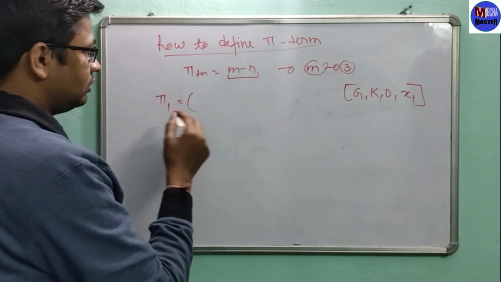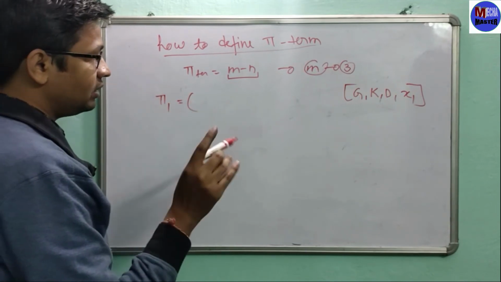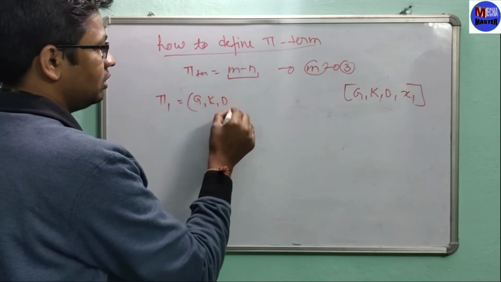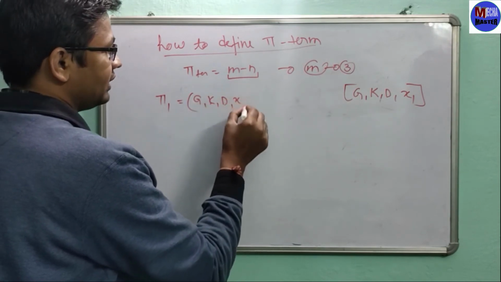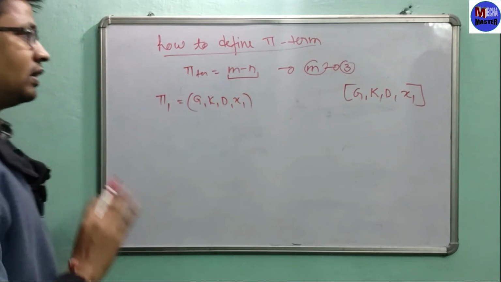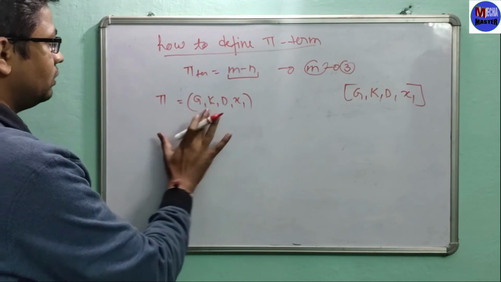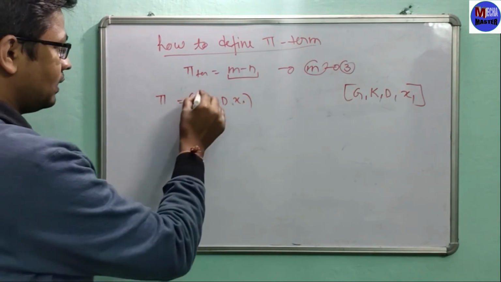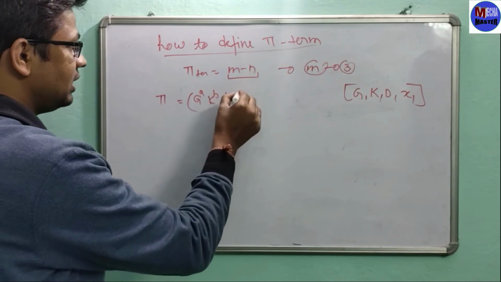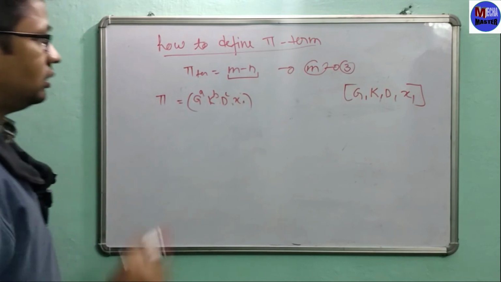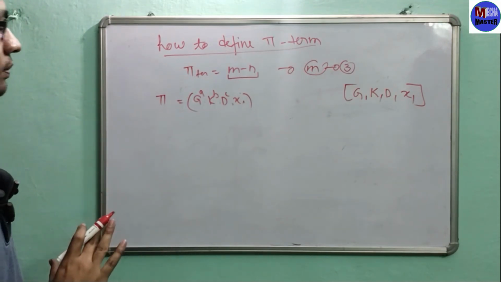Then the first pi term will be g, k, d and x. In general form, with powers A, B, C, there is no power on the last term. This is the general form of the pi term.